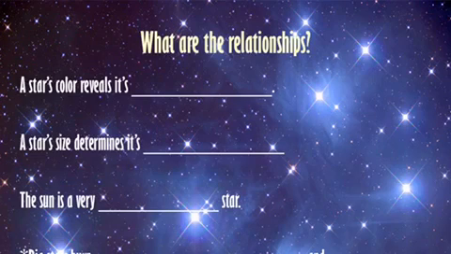You need to know that a star's color reveals its temperature. Blue stars are hotter than red stars. You need to know that a star's size determines its luminosity. Big stars make more light. Little stars make less light. And you need to understand that the sun is a very average star. It's very average in its size, temperature, and luminosity.